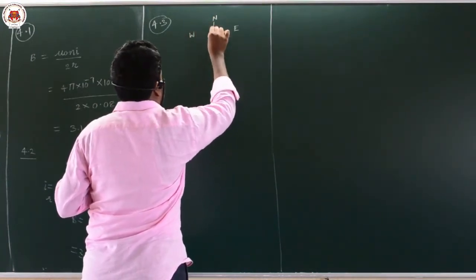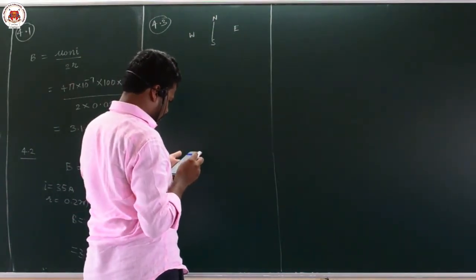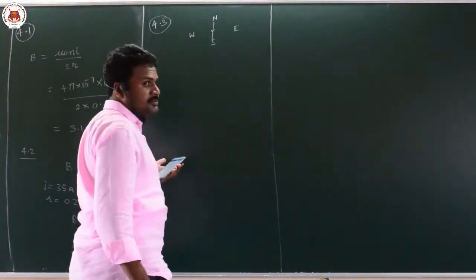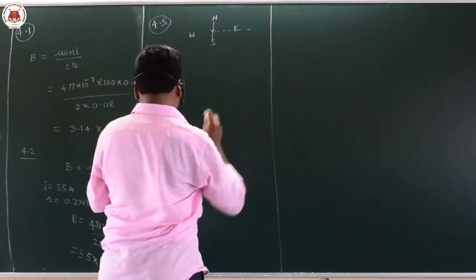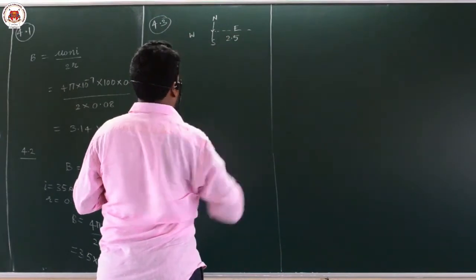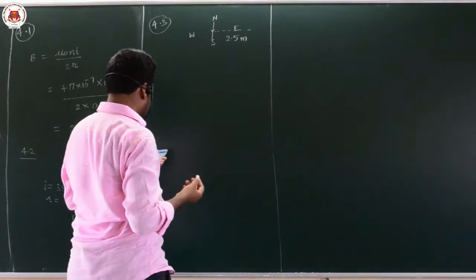There is a wire which is carrying current in north to south direction, and the point is located at a distance of 2.5 meters east of the wire, and it is a long straight wire.